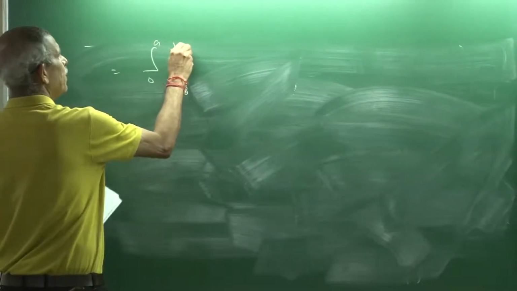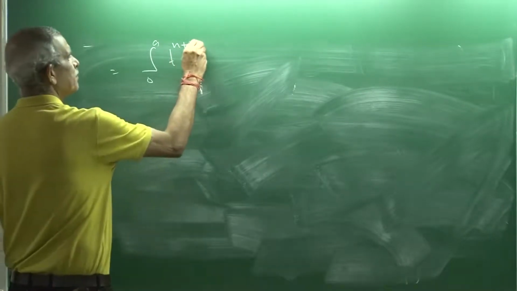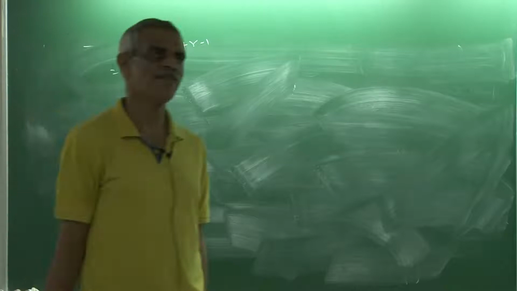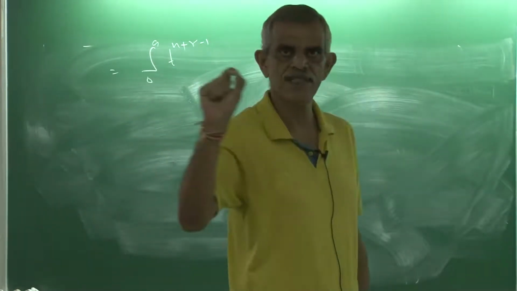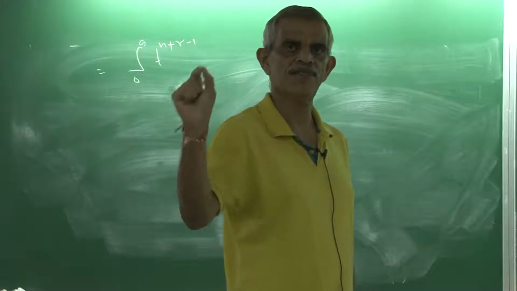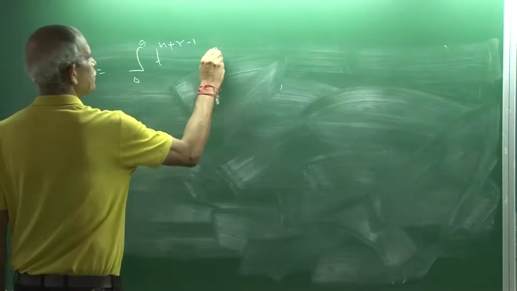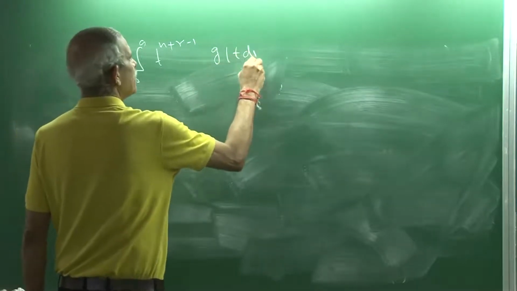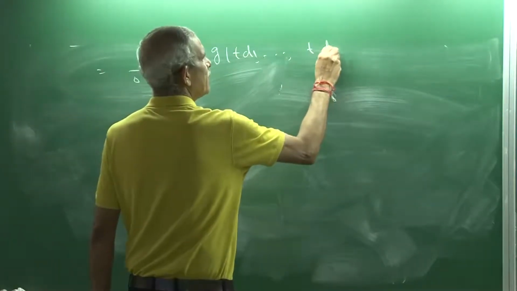t to the power n plus r minus 1. Now, in place of f here, I have the PDF of d1, d2, ..., dn minus 1, which was nothing but g of d1 by sigma, ..., g of dn minus 1 by sigma. So, g of t d1, ..., t dn minus 1.